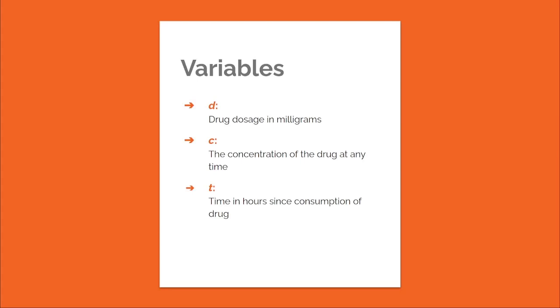To create the differential equation that will describe the physical quantities of a drug and their rate of change, we will consider these variables first, with D representing drug dosage in milligrams, C the concentration of the drug at any time, and T time in hours since consumption of drug.